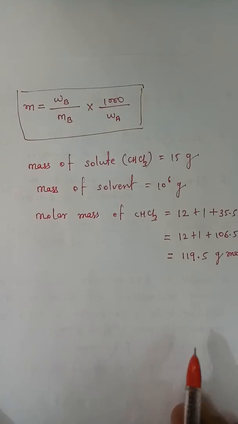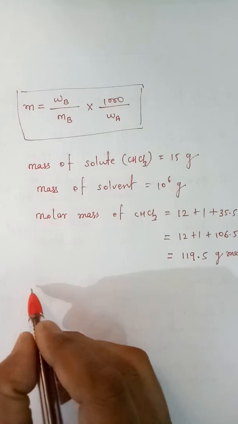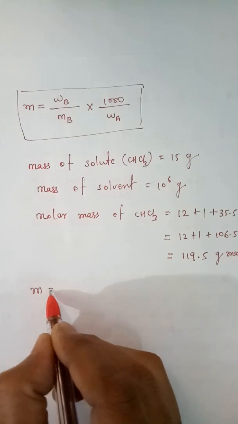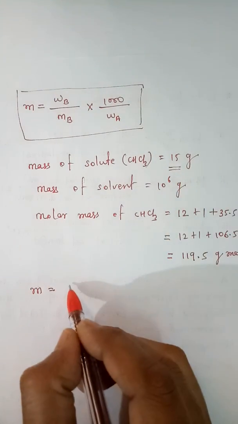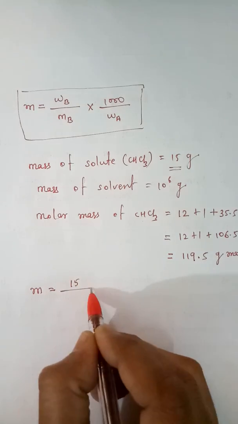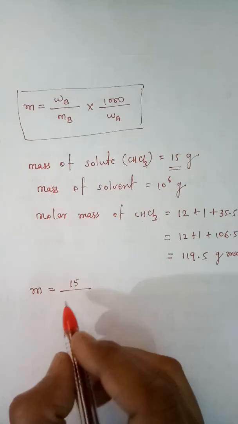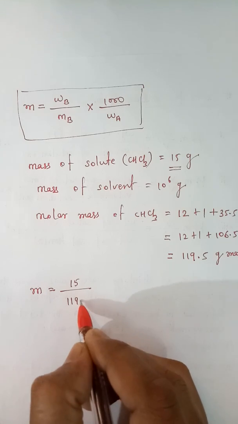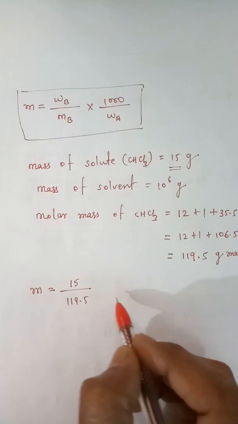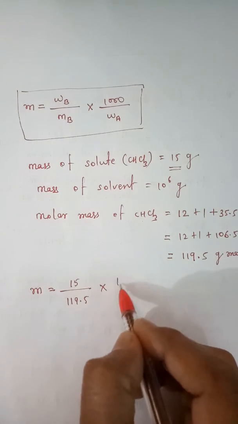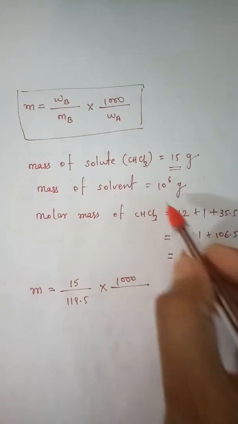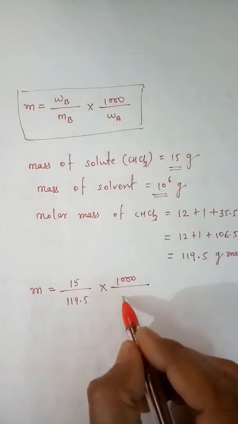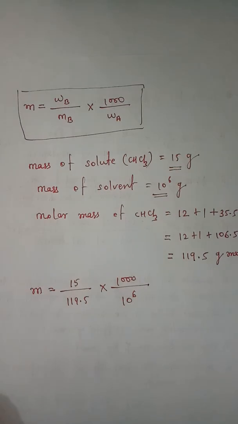Now we can put the values in the equation. Molality equals weight of solute, that is 15 gram, upon molar mass of solute, that is 119.5, multiplied by 1000 upon mass of solvent 10 to the power 6.